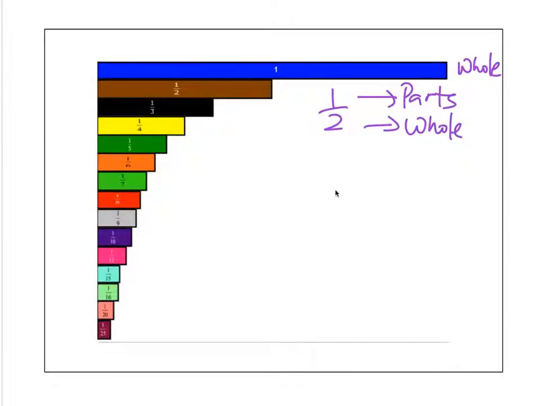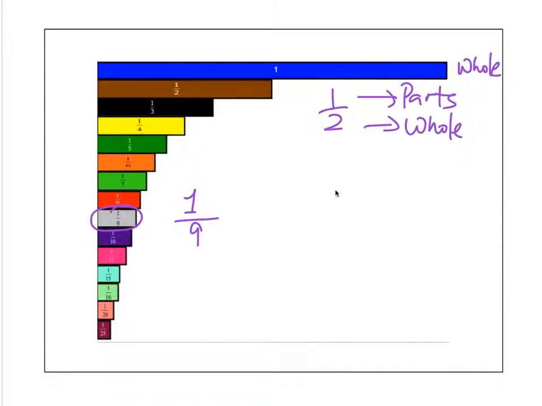Okay, so it's how many parts out of the total number of parts that makes up the whole is the fraction. So 1/9 right here, again, 1 is being split into 9 parts, and I'm only taking 1 out of the 9 parts that I split.